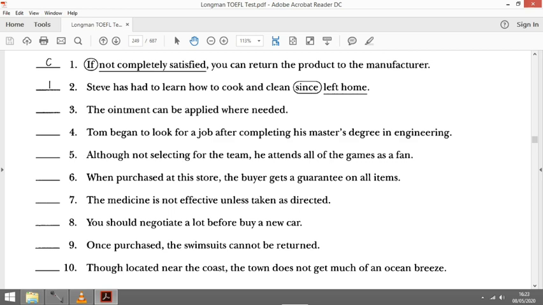What is the meaning? How come the food eats me? It can't. So it's the right structure, but the meaning is not right. So we have to learn about passive voice.